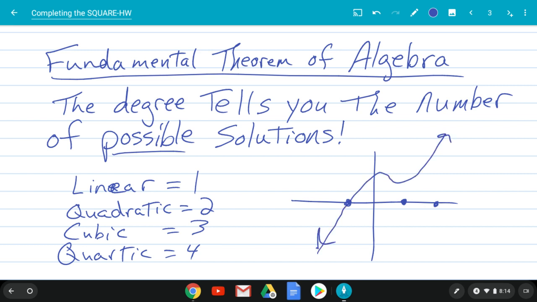How many solutions would it have? You understand? Could it have 2? Not this particular one, but could I have one that has only 2? What would it look like? Could look like this. It could cross once, touch, and go like that.